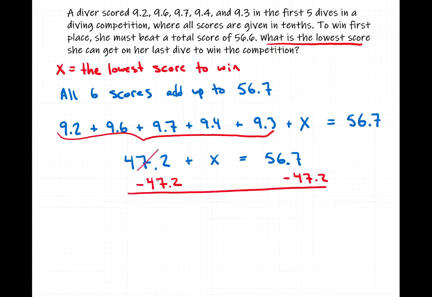The positive 47.2 and the negative 47.2 will cancel, and we have X equals, well, 56.7 minus 47.2 is 9.4. So she needs a score of at least 9.4, or 9.4 is the lowest score she could get to win the competition.